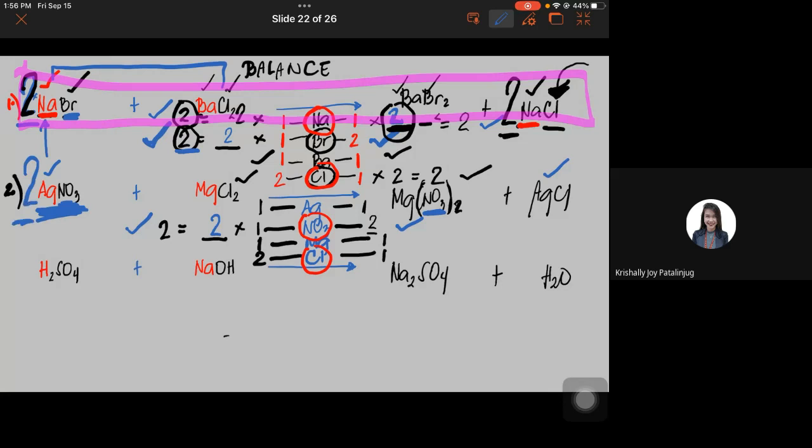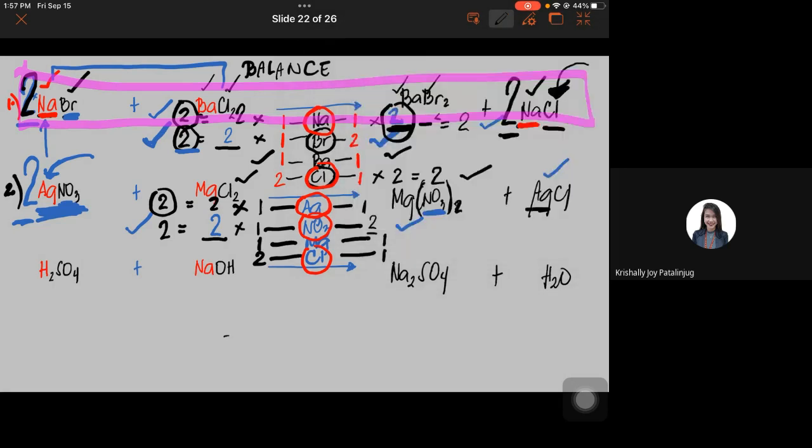After writing 2, you affected the number of silver, right? Now this time, silver on the reactant side is also equivalent to 2. So this is not balanced anymore, no? So you have to balance silver at both sides. So you increase the number of silver on the product.